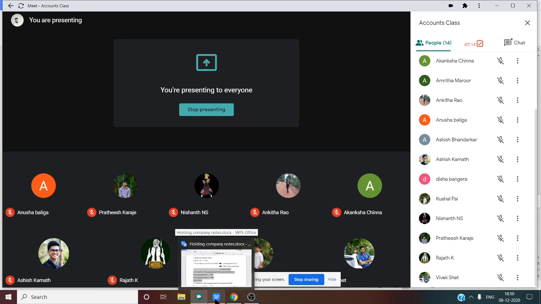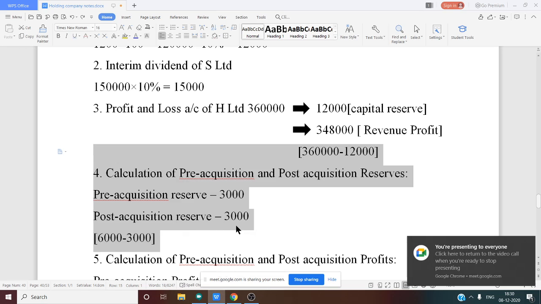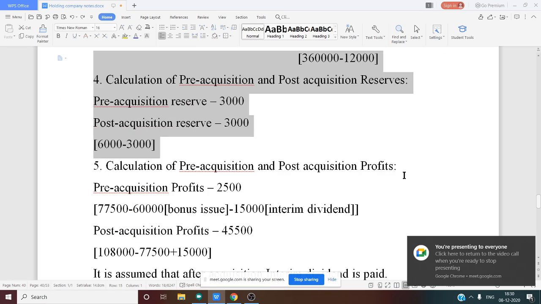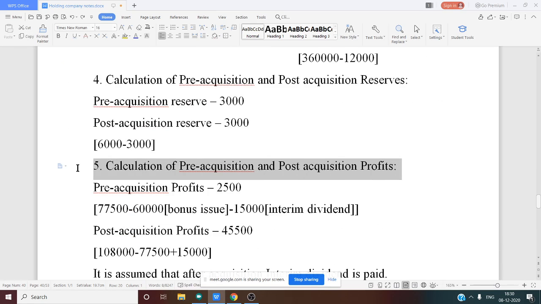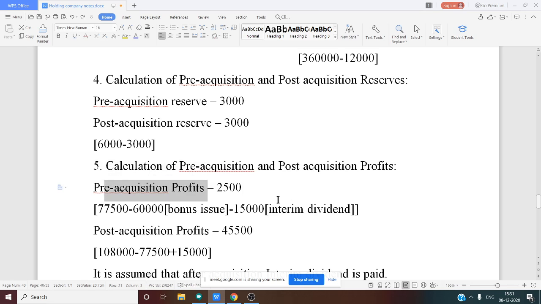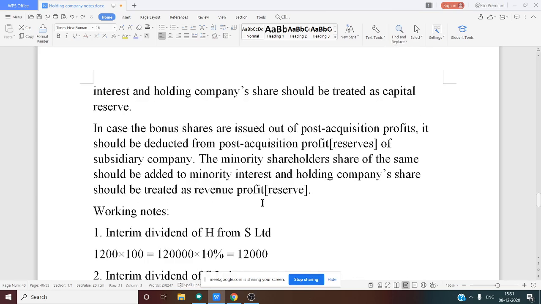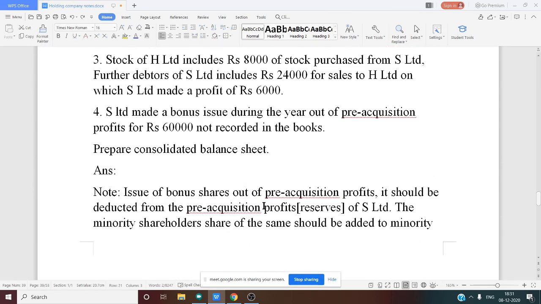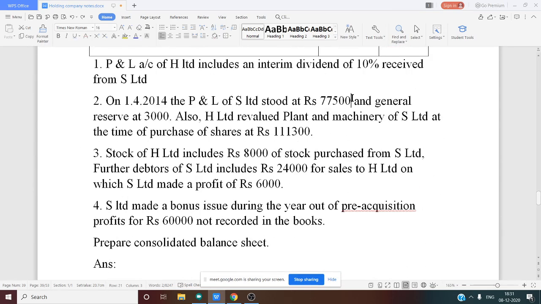Yes. So now see this working note number 4 we have discussed. Then there is calculation of pre-acquisition and post-acquisition profit, that is working note number 5. So now pre-acquisition profit, again, if you see the adjustment, then it is given 77,500, but we know out of this 77,500 there was a bonus issue that is given in point number 4, adjustment.